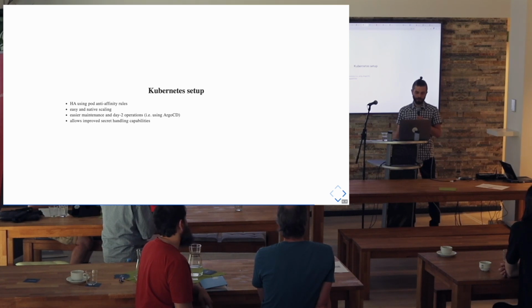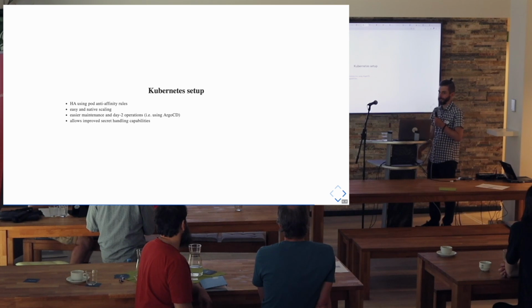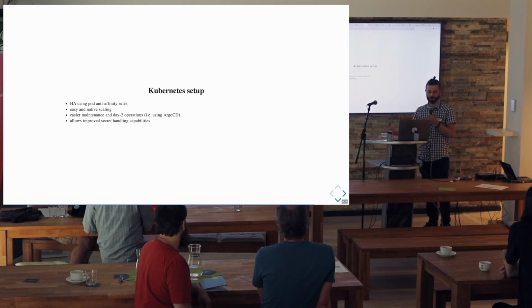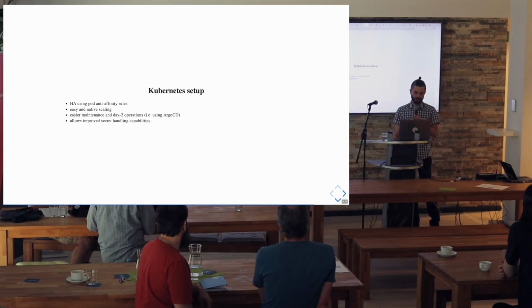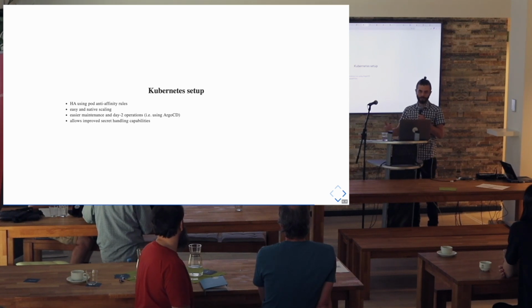Basically, we can offer high availability using pod anti-affinity rules, placing all of the components on independent nodes in the best way, also in the different availability zones. We have a really easy possibility for scaling up, scaling down, whatever you want.